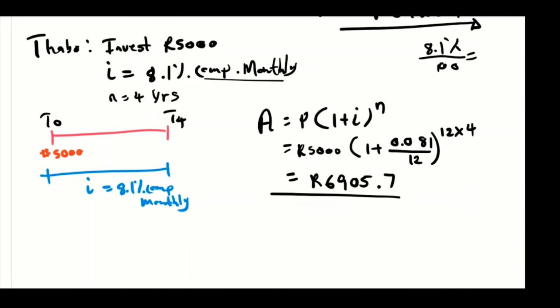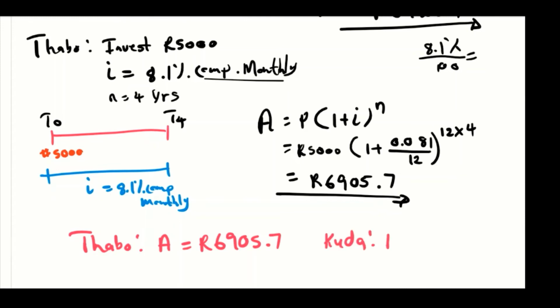So the answer that you need to get is 6,905.7. Looking at these amounts, for Thabo we have an amount equal to 6,905.7, and for Kuda we have an amount equal to 6,926.4.